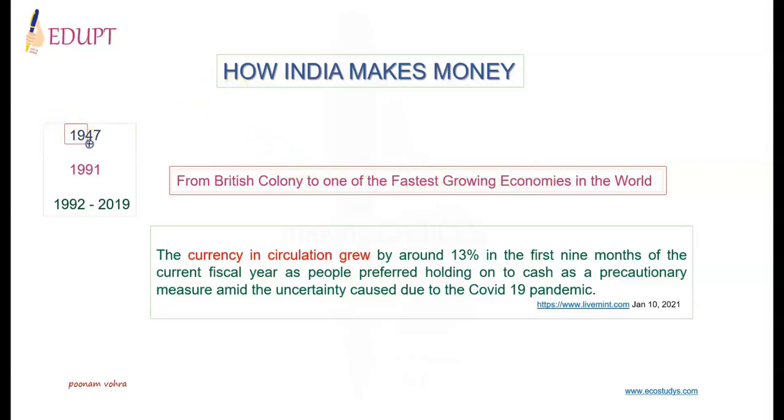In 1947, it was a centrally planned economy. In 1991, it loosened its economic restrictions. From 1992 to 2019, the economy grew exponentially from $288 billion to $2.9 trillion.